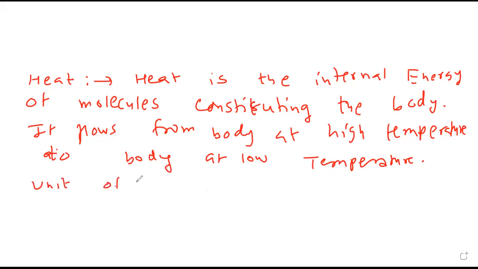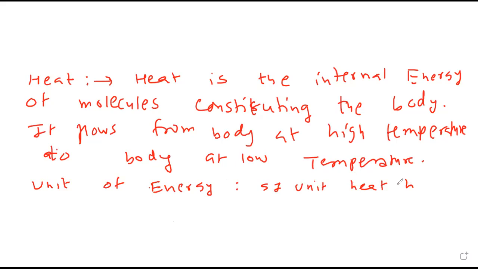Is heat, which is energy, a measurable quantity or non-measurable? Measurable. That means it has got a unit or not? Its unit will be the same as that of energy. So what is the SI unit of heat?